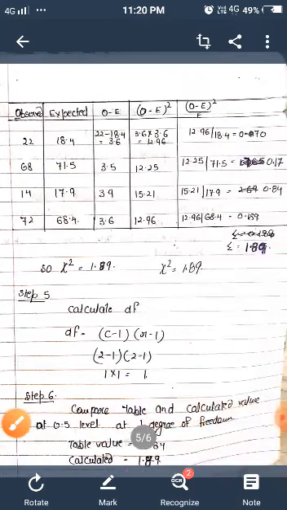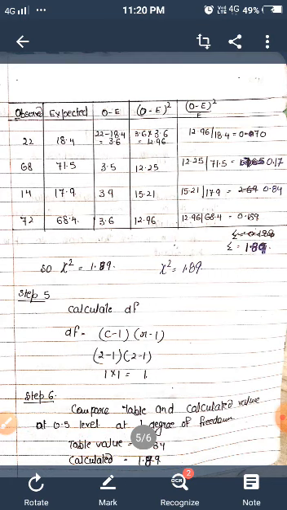According to the formula, that is O minus E, observed value minus expected value, that is 22 minus 18.4. Then we calculate the square of that, 3.6 into 3.6, that is 12.96.